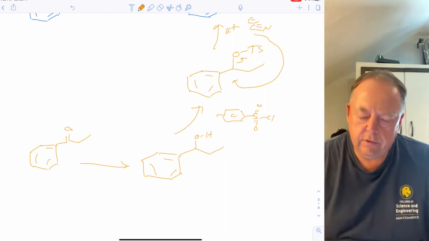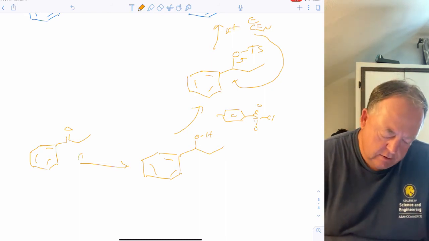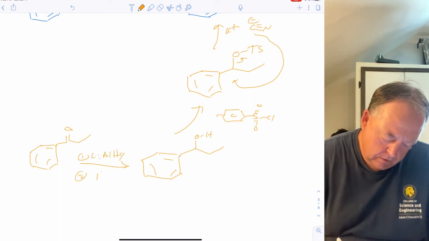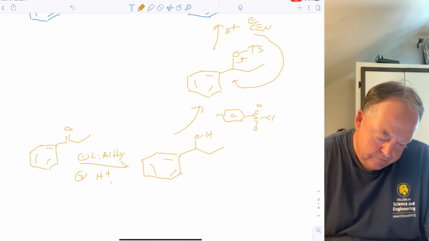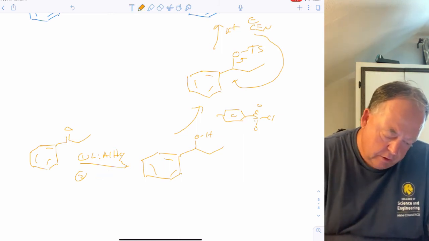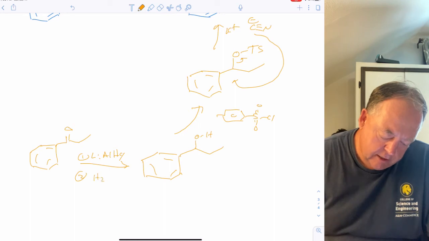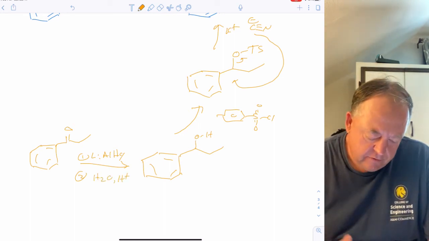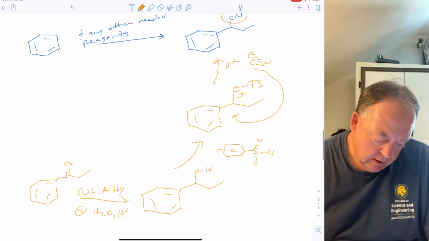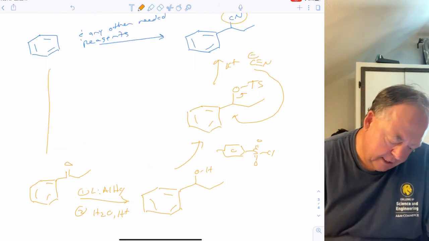So if you remember your reducing agent, how could you do that? Right, if you had that ketone, you could react it with lithium aluminum hydride and then do an acid quench. Right, if you remember that reaction from a few chapters ago. And then where could that ketone come from?